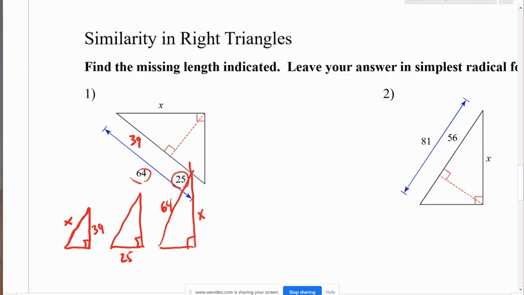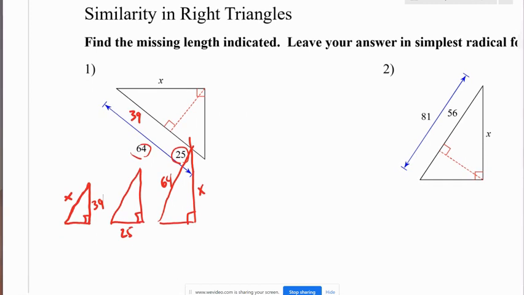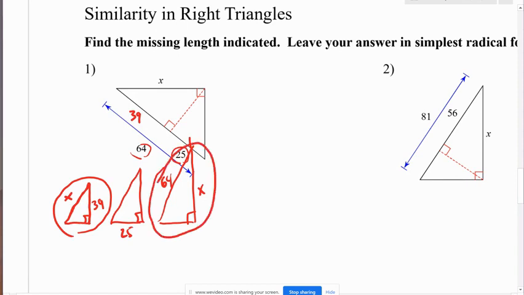And so now we can write a proportion to solve for X. So look at the first triangle and the third triangle. Both of those have hypotenuse and vertical leg.